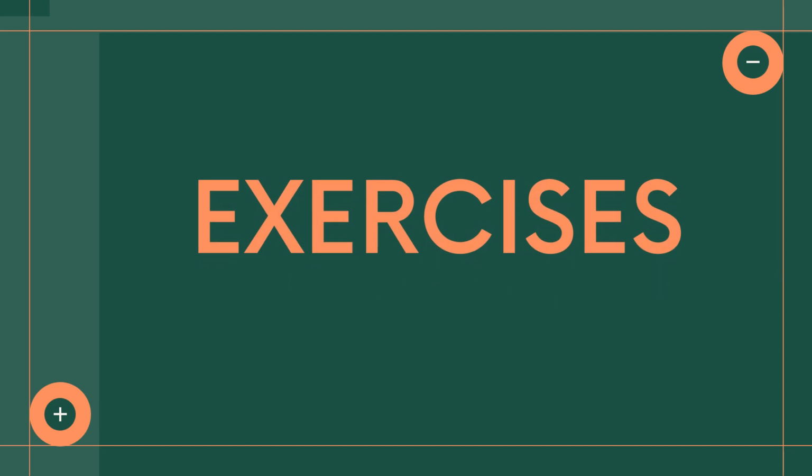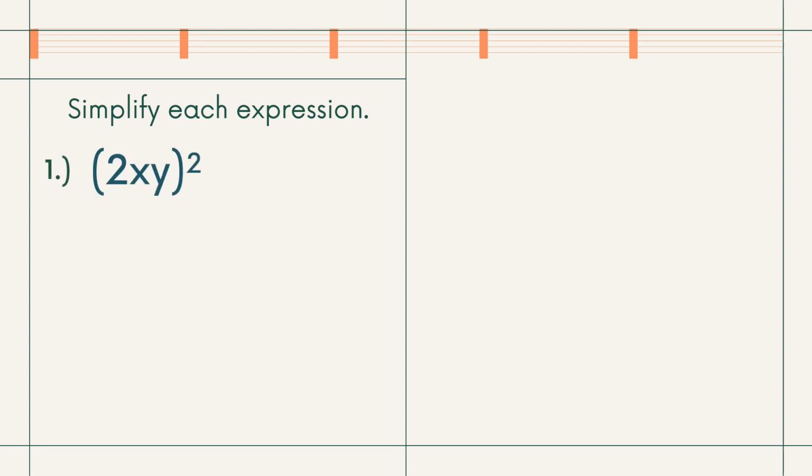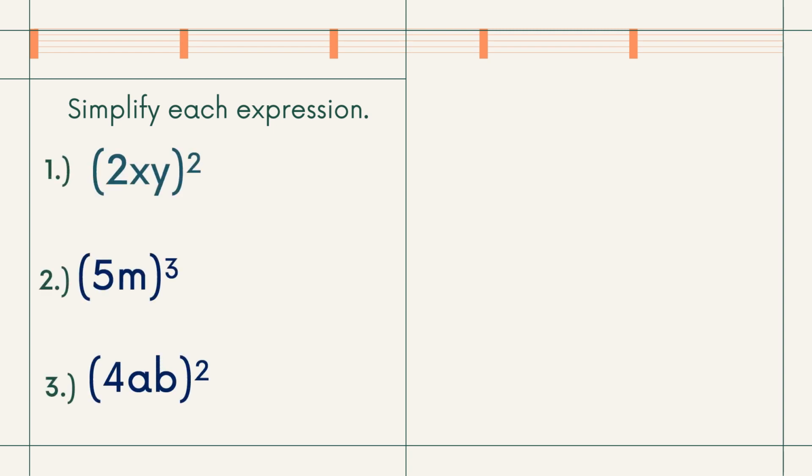Let's answer some exercises on power rule 2 for product. Simplify each expression. Pause this video and write your answer on a piece of paper. Okay, let's check your answers. What is your answer for number 1? Yes, you are right.